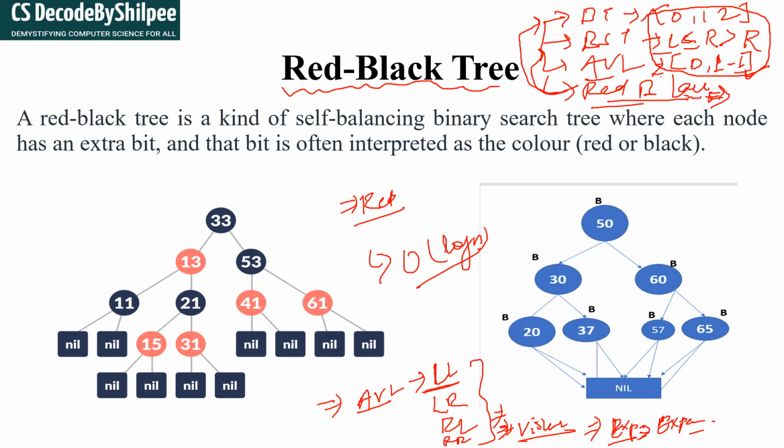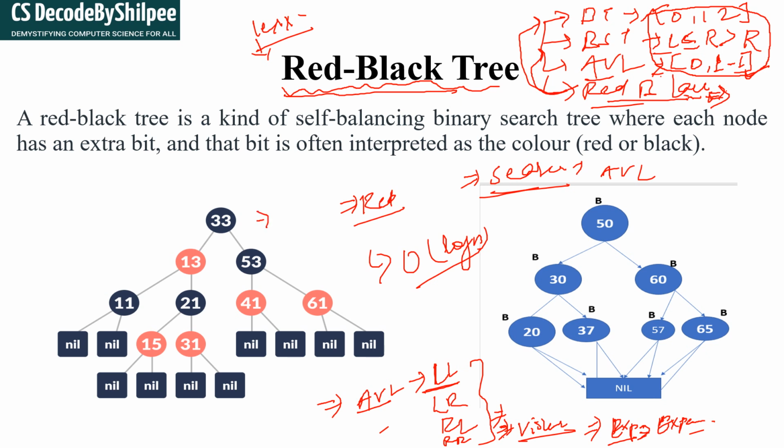It is expensive and costly. Because of that reason, we use the red black tree. A red black tree has fewer rotations, and that's why we use it. For searching purposes, the AVL tree is more preferable, because a red black tree is not strictly balanced.